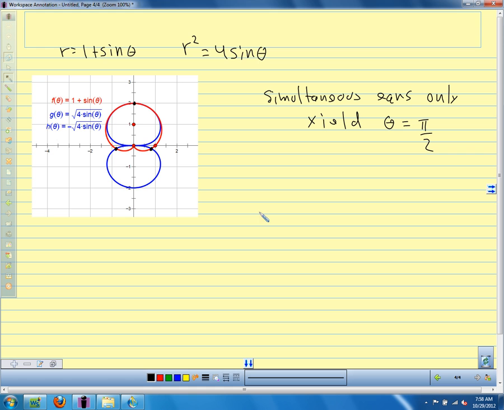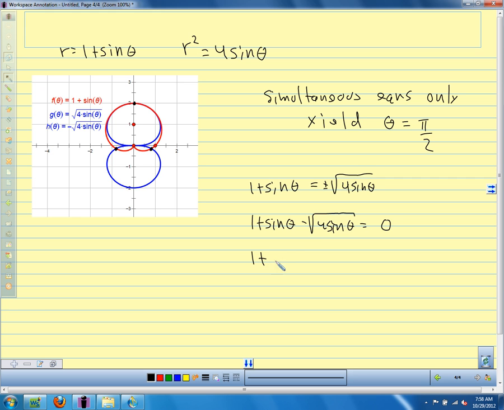We're looking at 1 plus sine theta equals the square root of 4 sine theta. And I guess we'd have to look at the plus or minus to get the top and the bottom half. So we'd have 1 plus sine theta minus the square root of 4 sine theta equals 0. So we might be able to apply Newton's method to this to find the zero of that equation.